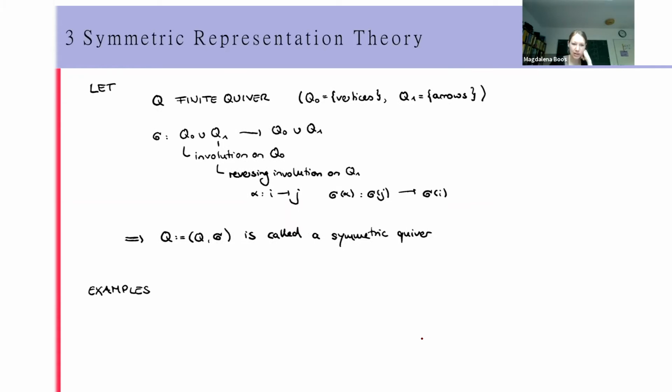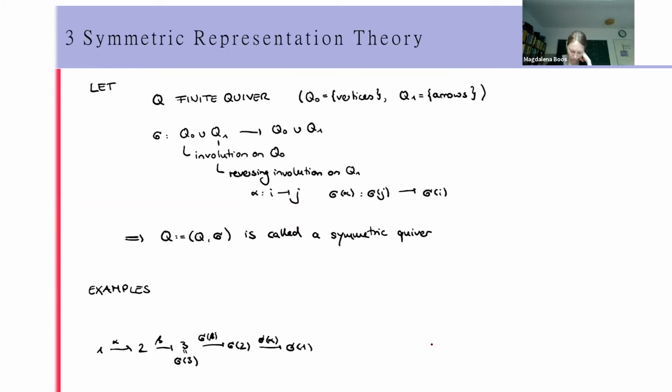So maybe two examples. The first one is this. This is a Dynkin quiver of type A5, and it's linearly oriented from left to right. So this corresponds to this. We see that it's an involution on the vertices. And now are the arrows reversed? This we have to check.